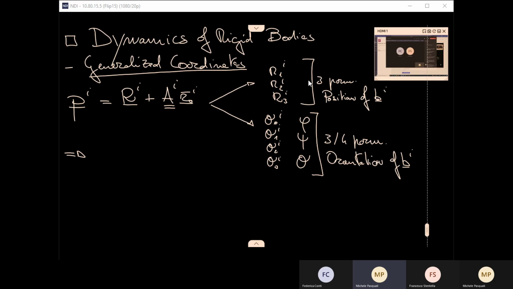In the case of Euler's parameters, some of them are the components of the axis of rotation multiplied by the sine or cosine of an angle and so on. So they have different physical meanings and physical dimensions. That's why they are called generalized, because we are not in general talking about lengths or angles.